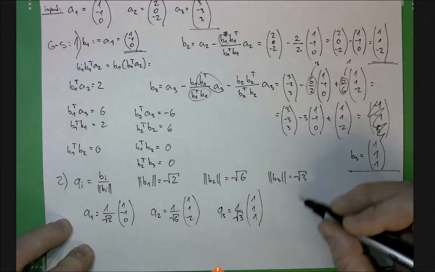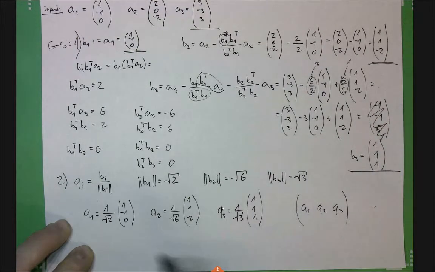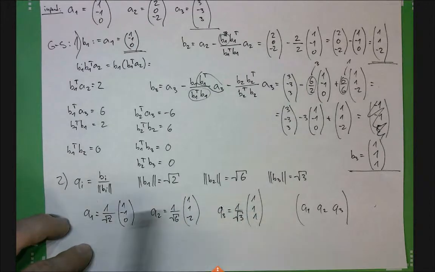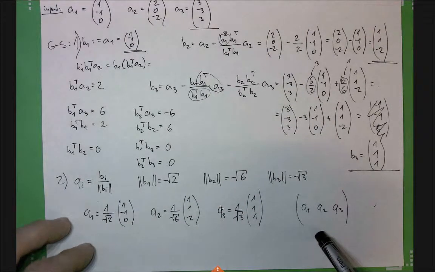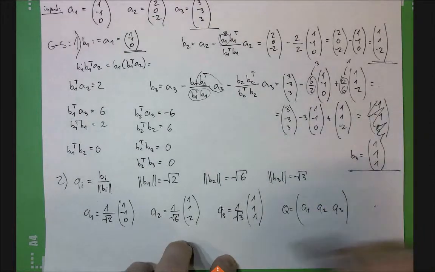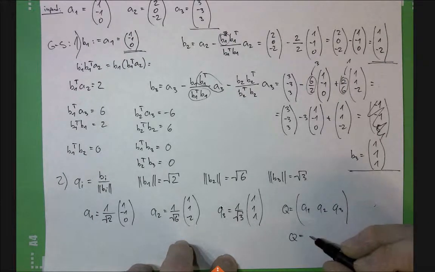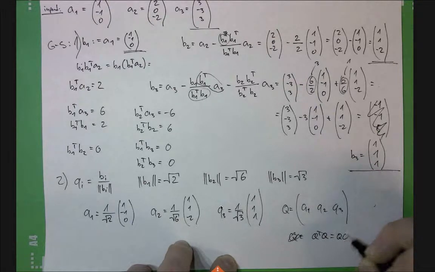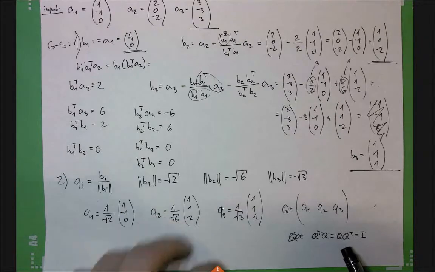And now if I make a matrix Q1, Q2, Q3, in other words, I stack these numbers in a matrix, then this is an orthonormal matrix. If I call this Q, because it's also square in this case, then Q transpose Q is Q Q transpose is identity. That's only because it's square.